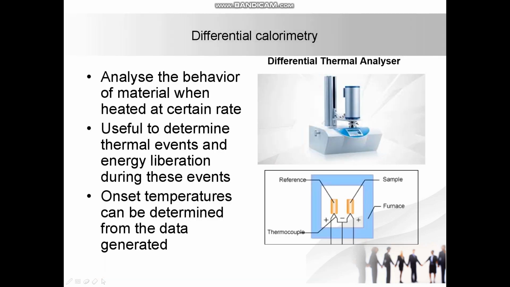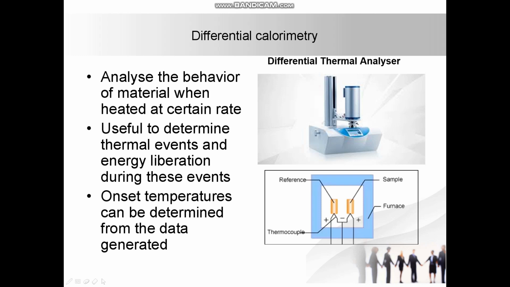Now we will move on to differential calorimetry. Till now, what we have understood are the calorimeters that are used either for calorific value or for checking the heat generated by a system. Now these differential thermal analyzers are the equipment used to assess the behavior of a material when it is heated.